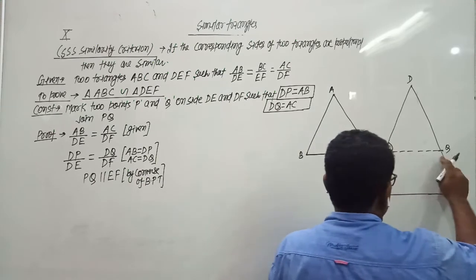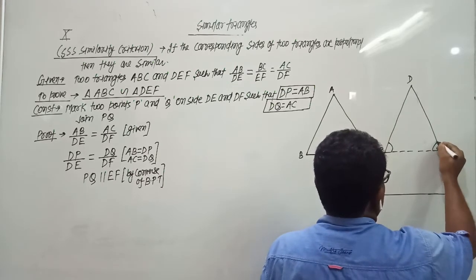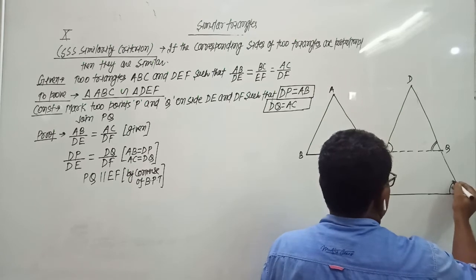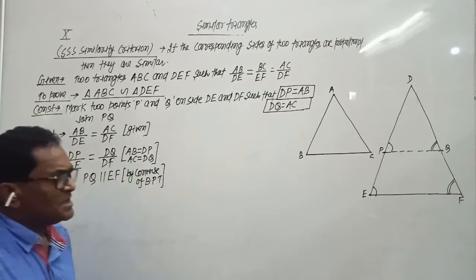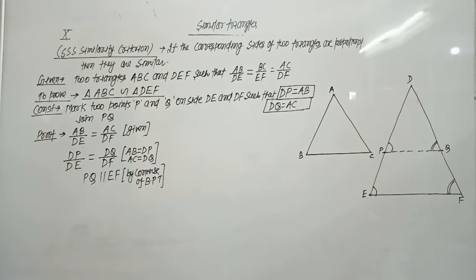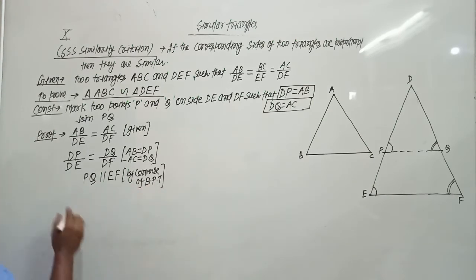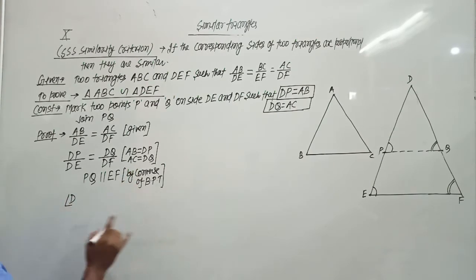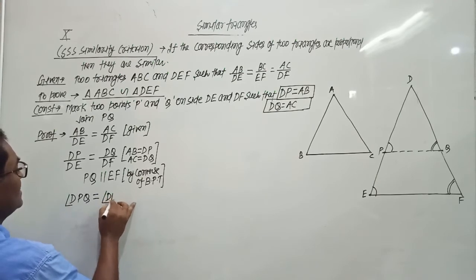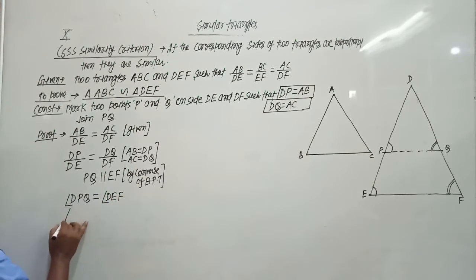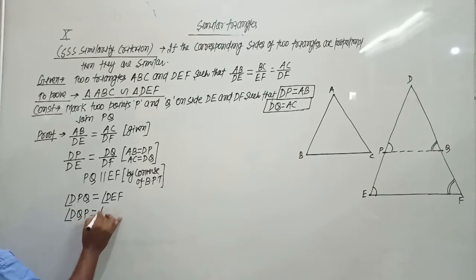And similarly, angle DQP must be equal to angle DFE. So since PQ is parallel to EF, angle DPQ is equal to angle DEF and angle DQP is equal to angle DFE, corresponding angles.